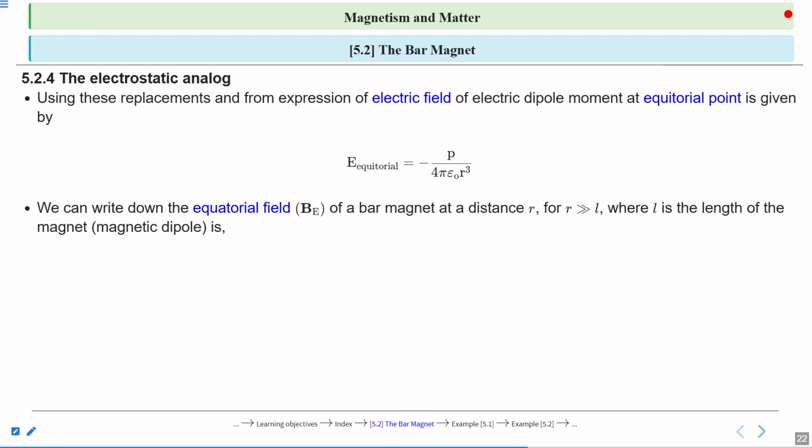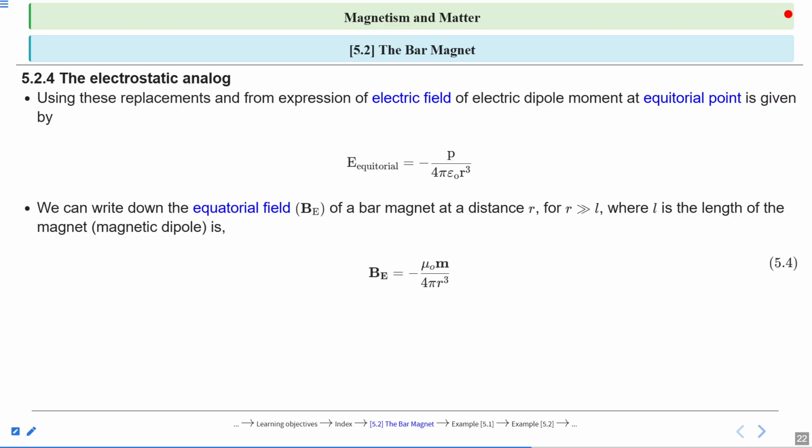Okay, so we have to find the magnetic field at a very large distance as compared to the length of the magnet, at an equatorial point, or we can say equatorial line. What is the equatorial line? The line perpendicular to the magnetic moment and passing through the center of the bar magnet.